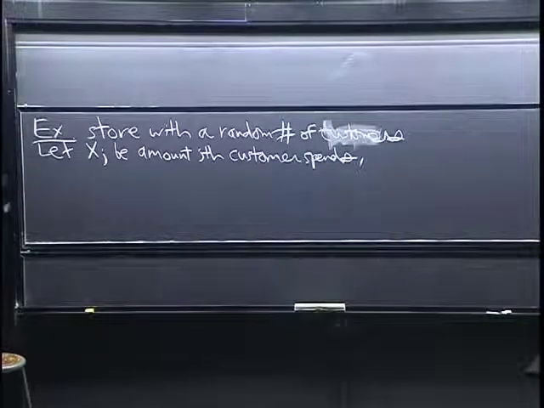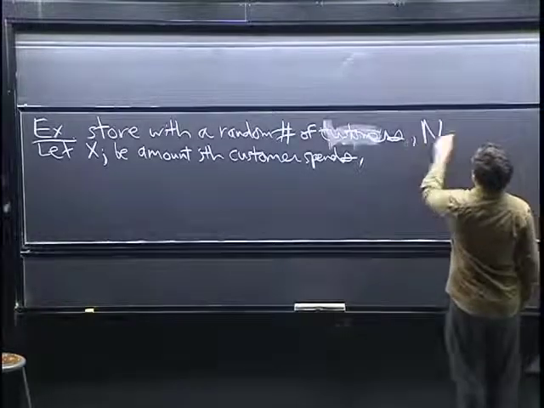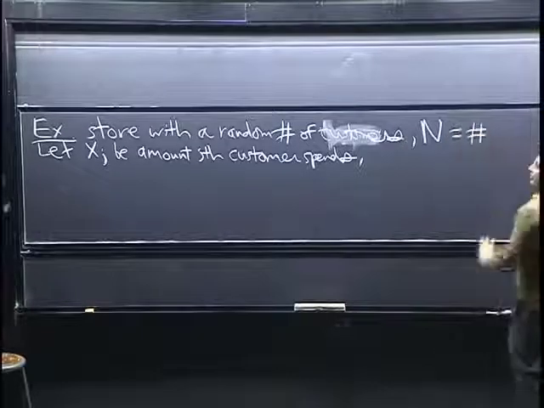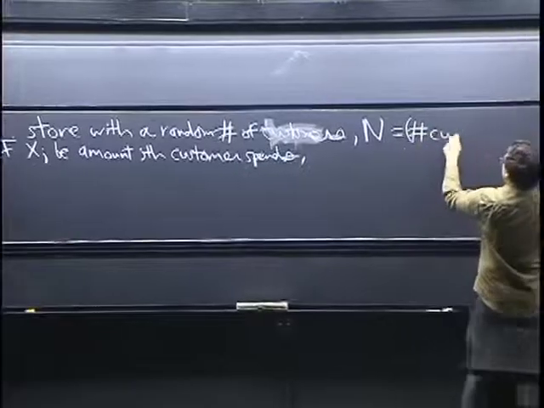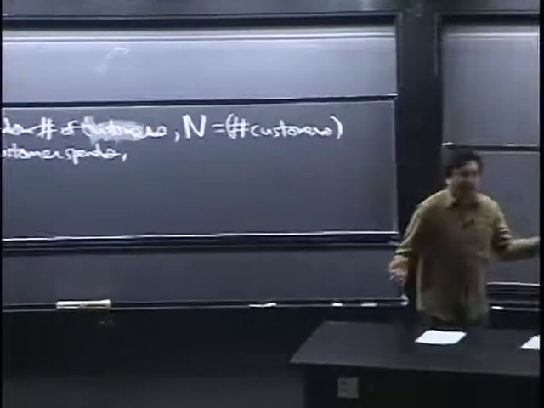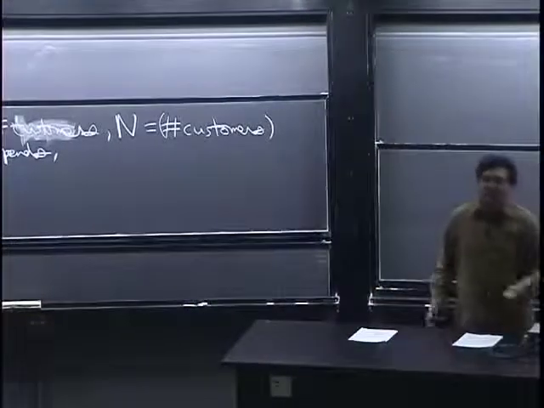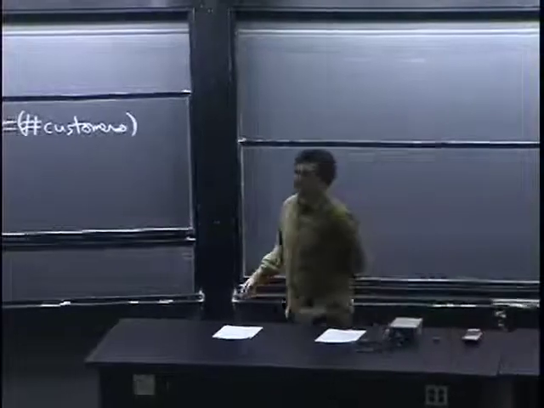Okay, so random number of customers, and let's say n equals number of customers in a day or in a week or in some time period. So capital N, because it's a random variable, is the number of customers. Maybe Poisson would be reasonable if you had to guess a distribution, but I don't need to specify the distribution right now.